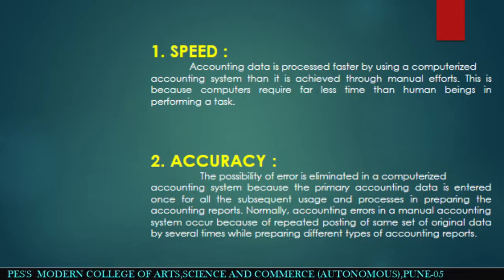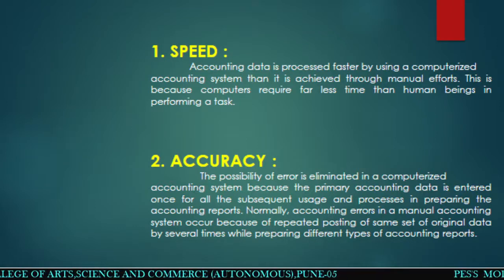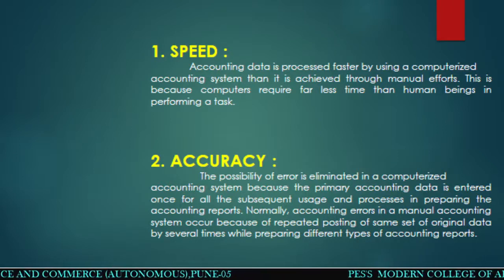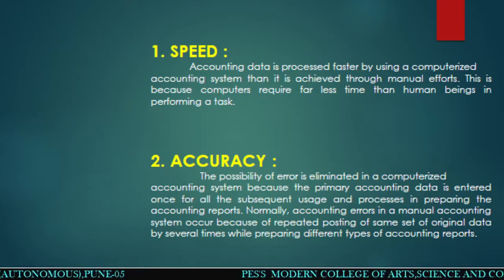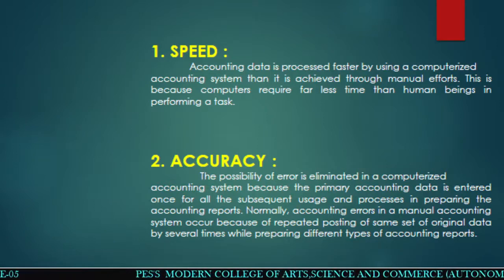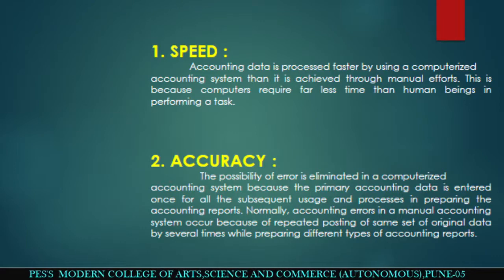all the subsequent usages and processes in preparing the accounting reports. Normally, accounting errors in a manual accounting system occur because of repeated posting of some set of original data several times while preparing different types of accounting reports. Take an example.